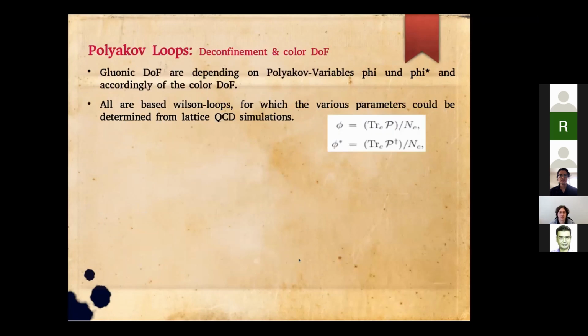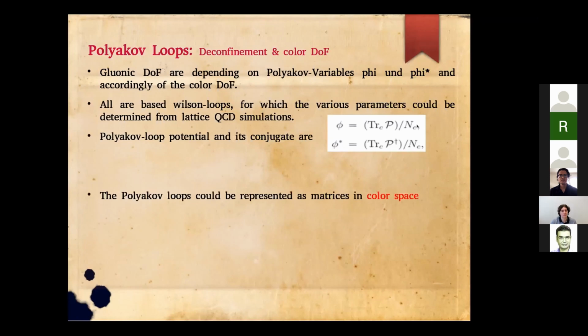Also, the gluonic degrees of freedom, as I mentioned before, are based on the Wilson loop, for which various parameters, for example phi and phi star, are given by this trace normalized to NC, the number of colors in your system.